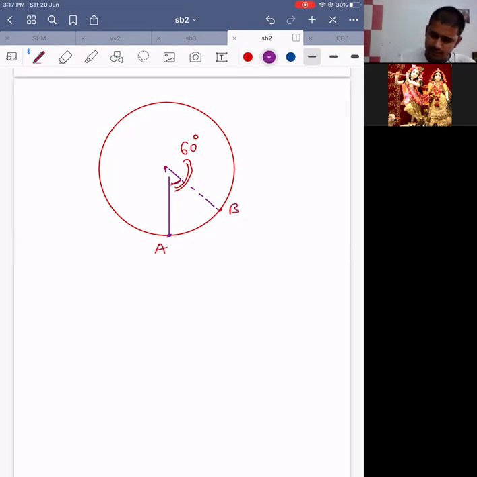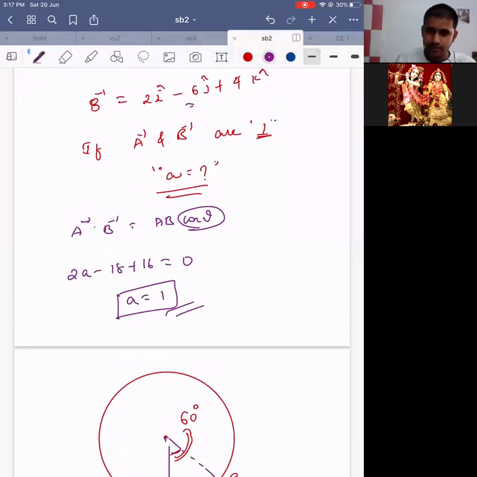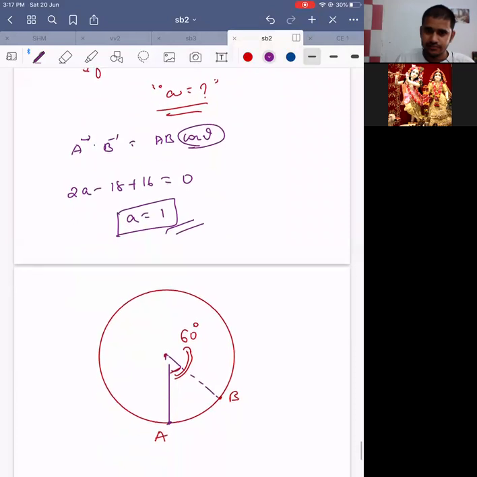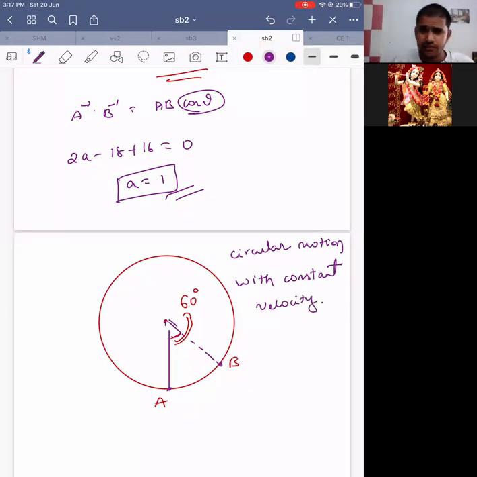Find, so body is moving with the constant velocity, right? From the lowest point, it has moved to B. The body is doing circular motion with constant velocity.